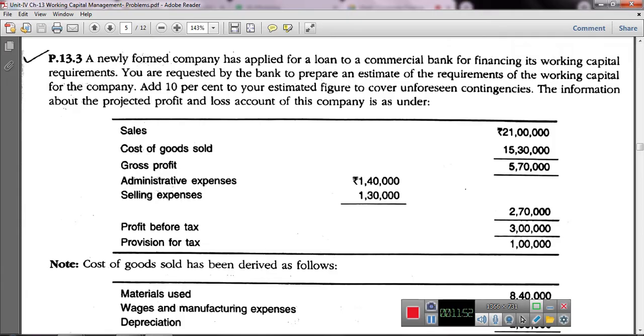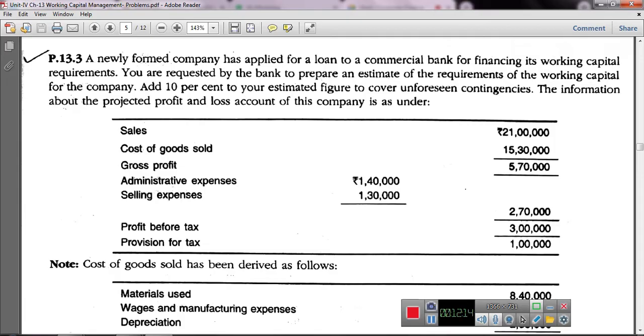And you are asked to add 10% to your estimated figure, that is the net working capital figure, to cover unforeseen contingencies, to meet the emergency, just in case the company requires more working capital. The information about the projected profit and loss account of this company is as under.